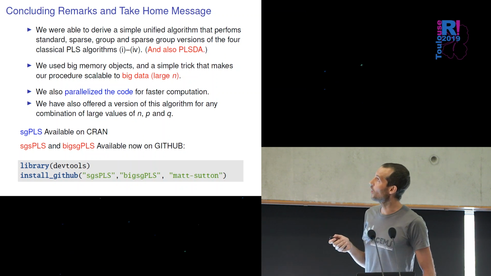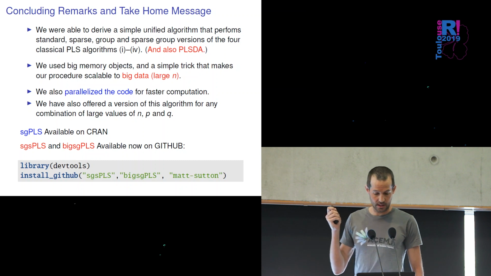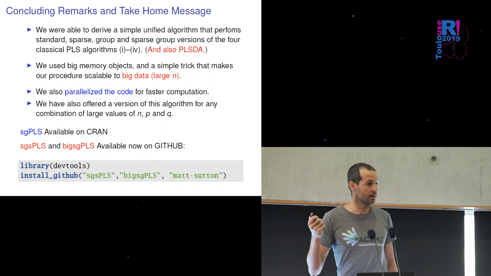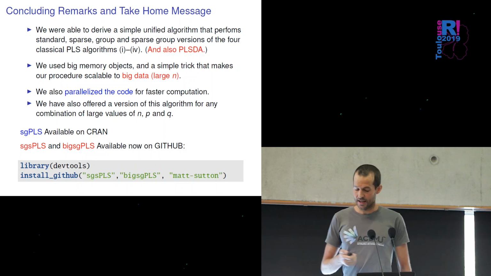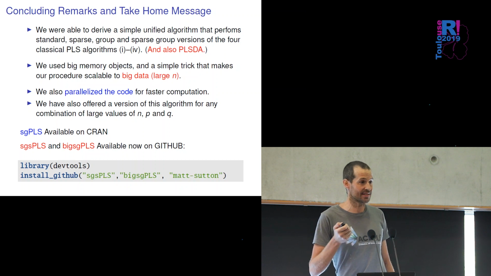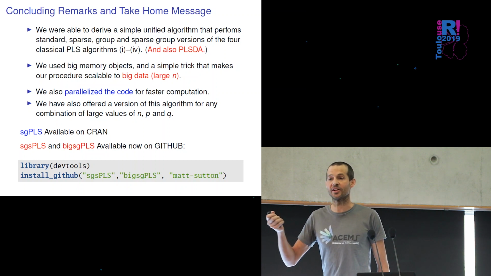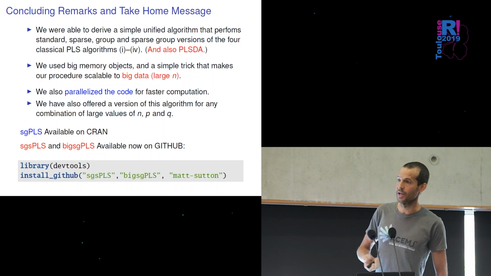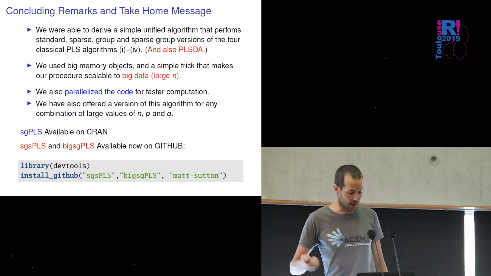Concluding remark, take-home message. In our work, we have developed a unified algorithm. We include all the 4 kinds of PLS. And we also add a version of the PLS-DA, so partial least squares for discriminant analysis, meaning that you deal with some categorical variable in the y part.